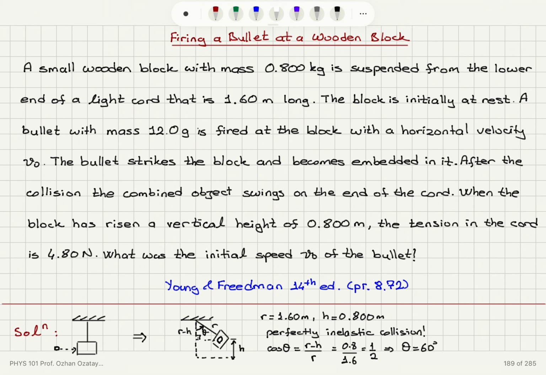That's because this bullet is experiencing friction inside the block. Okay, so the total system, block and the bullet, basically move up to a certain height, 0.8 meters, while they will go even higher. But we know the tension in the cord at this height, 0.8 meters. So given this information, what is the initial speed of the bullet?